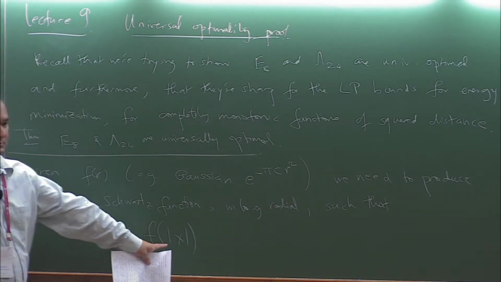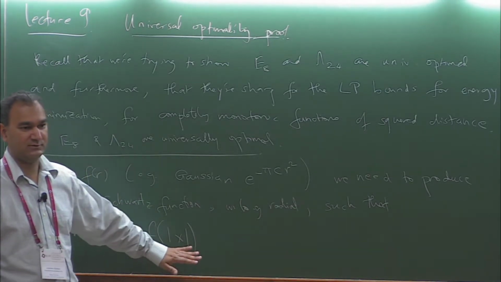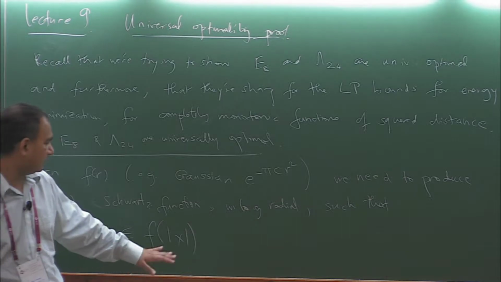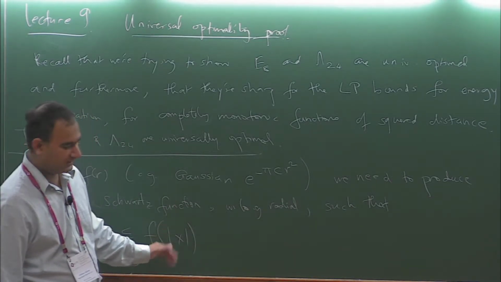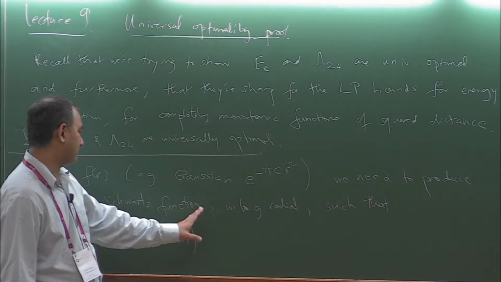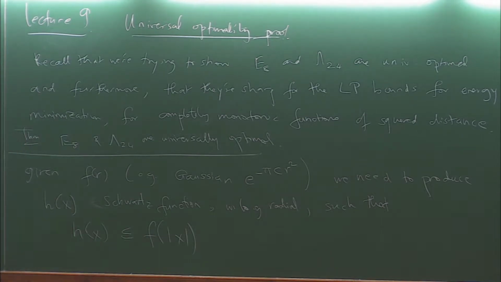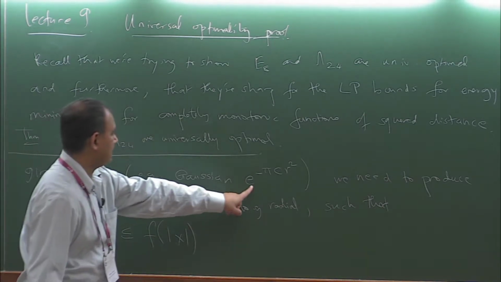I might have stated this with an f of x squared last time. There are sometimes competing notations. I think in the original paper that Henry Cohn and I wrote, we were saying that f is a completely monotonic function, and we are thinking of the f of x squared. But anyway, we're just going to think of f as a Gaussian, for instance.